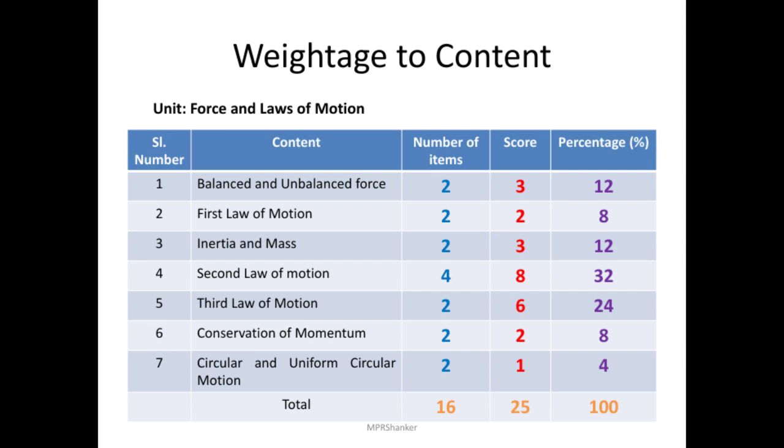Moving on to the next, it is weightage to content. In the design, the second thing that we have to look into is weightage to content. The unit is force and laws of motion.